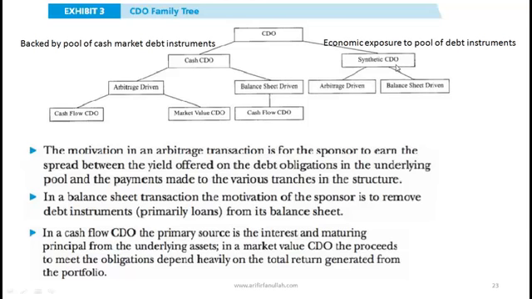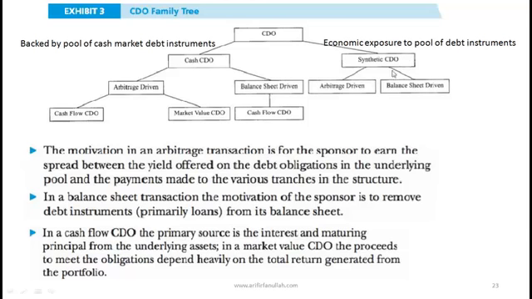As an example, let's say that you buy a call option on a bond. Okay, you haven't actually bought the bond, you have bought a call option on the bond. What's the economic exposure that you are taking? The exposure is that if the bond price goes up, you benefit. Okay, so without actually buying the bond, you have economic exposure. So as you can imagine, there is extensive use of derivatives and other complex products when we talk about a synthetic CDO.